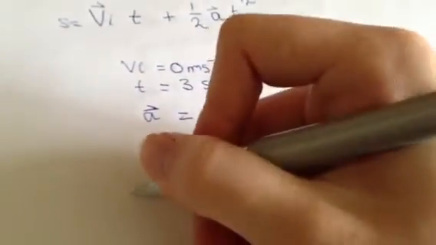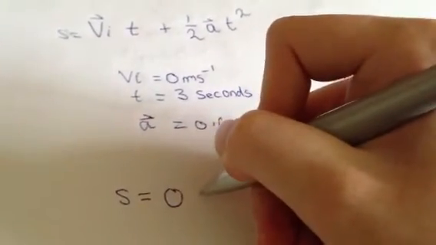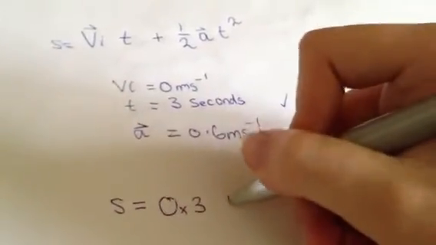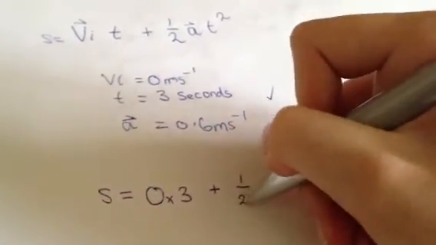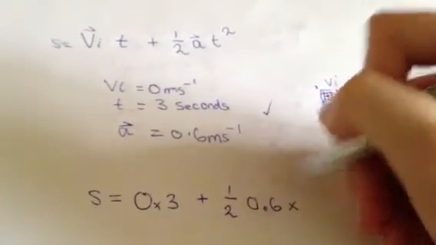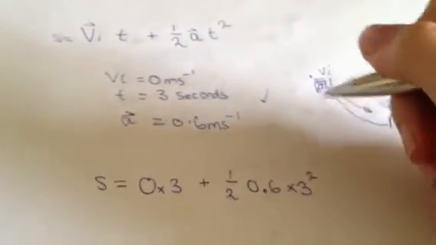So we'll have the distance down there, but let's calculate. Distance is obviously going to be equal to 0 multiplied by the time of 3, plus half of the acceleration, which is 0.6, times t squared, so 3 squared.